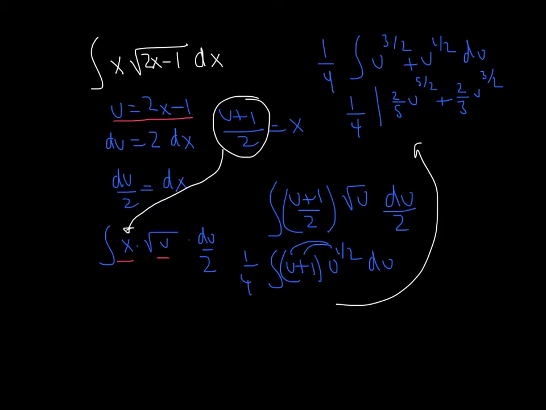Now I can plug in my u, and so we end up getting 1/4 times 2/5 times 2x minus 1 to the 5/2 plus 2/3 times 2x minus 1 to the 3/2 power. And if you tack on a plus c, that will be your final answer to this problem.